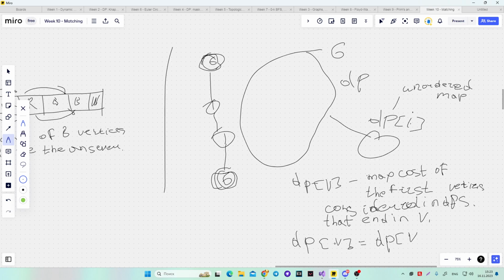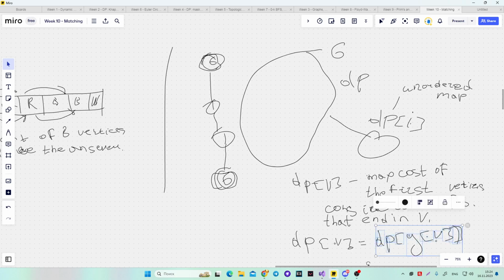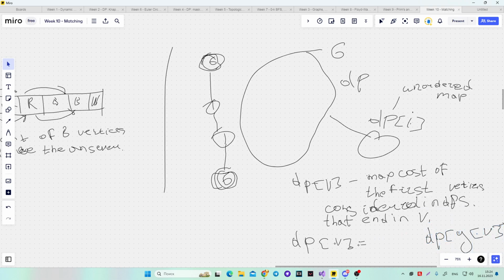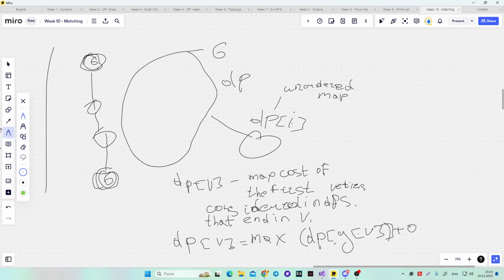How to write dp g v? Maximum of dp g v. Just 1 second. Maximum dp g v. Greedy will be easier, I think. dp g v plus the dp g v.